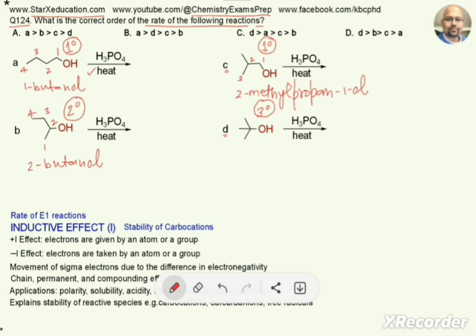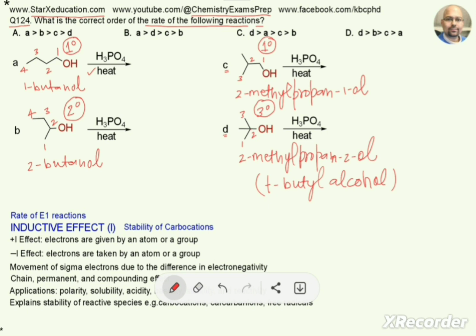A tertiary carbon is a carbon that is connected with 3 carbons or 3 carbon chains. So to name this, we choose the longest carbon chain possible here. So meth, eth, prop. So this is 2-methyl propane 2-ol. And this is also known as tertiary butyl alcohol.